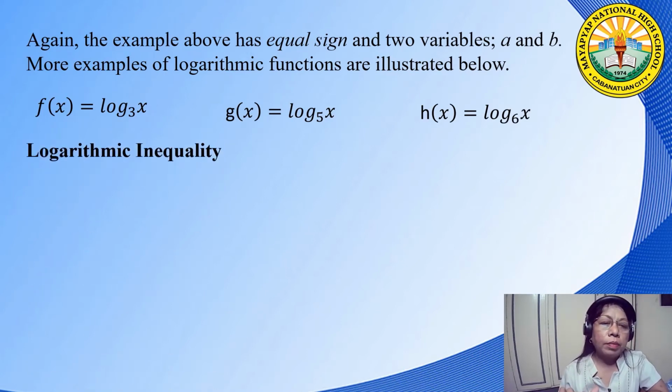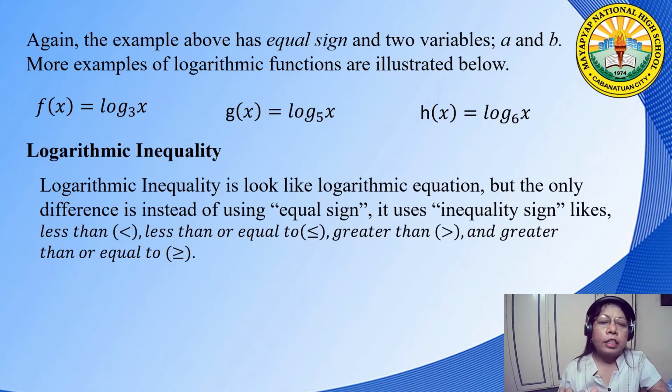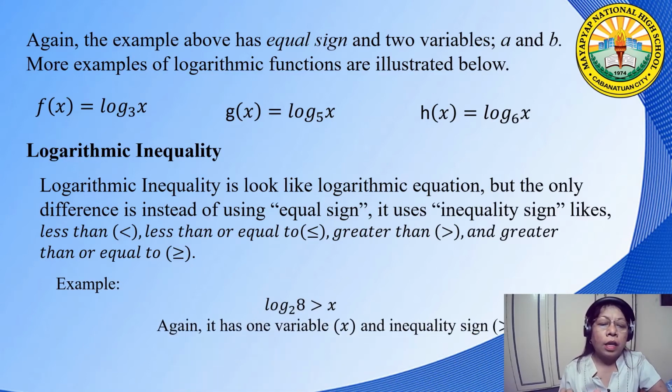And for logarithmic inequality, it looks like a logarithmic equation, but the only difference is that instead of using an equal sign, it uses an inequality sign like less than or equal to, greater than, and greater than or equal to. Example, logarithm of 8 to the base 2 is greater than x. So again, it has one variable called x, and the inequality sign is greater than.